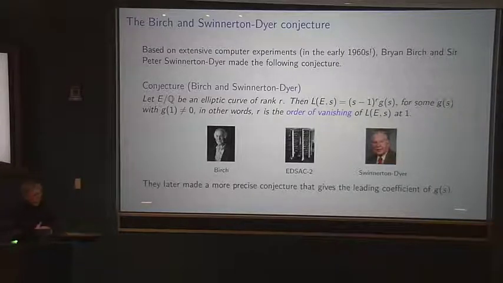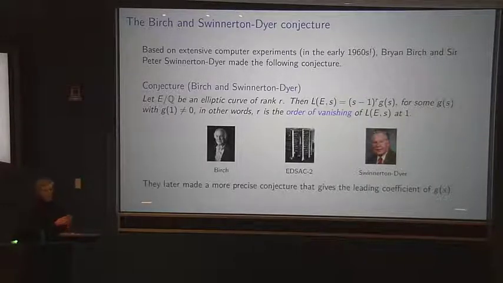And they used this computer to compute ranks of various elliptic curves. And they found that they could relate the rank, at least numerically, to the order of vanishing of the L-function at the value s equals 1. The conjecture they made is that the rank, which is this algebraic quantity related to the structure of rational points on the elliptic curve, is exactly equal to the order of vanishing of this complex function.